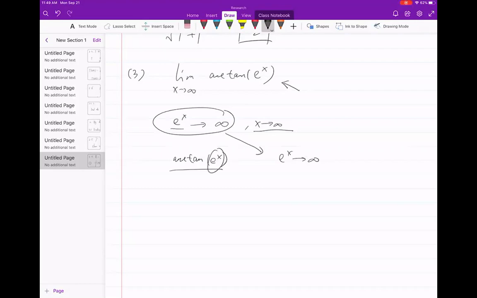When the inside goes to infinity, then you know the answer is pi over 2. Sounds good? So if we combine several simple facts together, do it for one, plug the whole answer into the next one. Do it again, take the whole answer, put it into the next one. That's how we do composition.